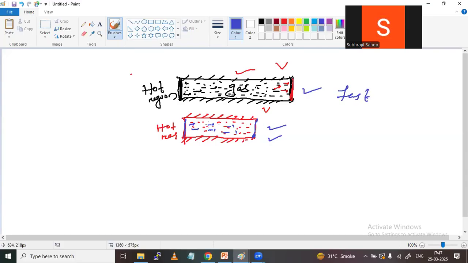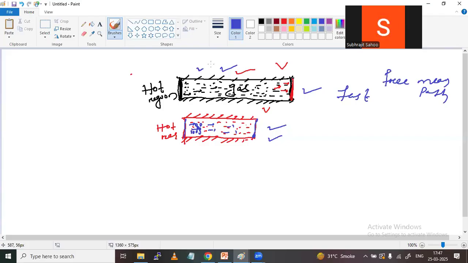Why? Because the volume of the pipe is reduced, so the gas is compressed here. Since the gas is compressed, the molecule gap is reduced in comparison to this one. This molecule gap, in technical terms, is the mean free path.